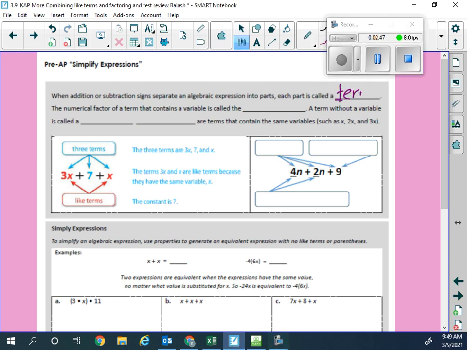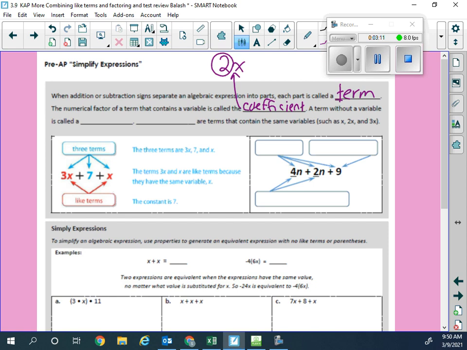A term. And that's why we said like terms. The numerical factor of a term that contains a variable is called the coefficient. What does that mean? Like in 2x, 2 is the coefficient because it's the number part of the term that has the variable. It's the coefficient.